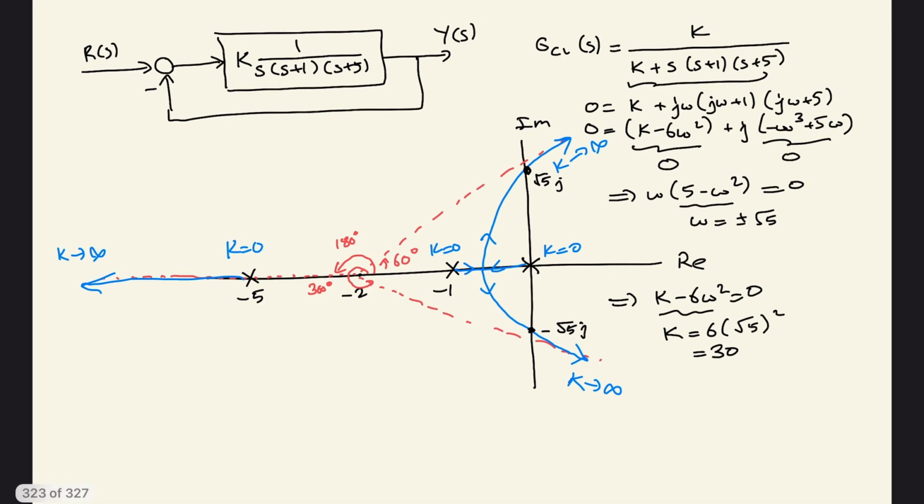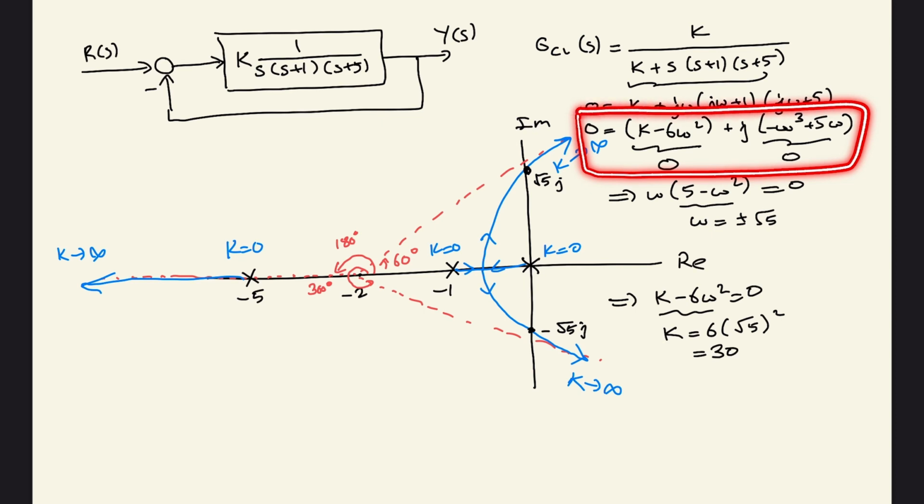Let's turn back to our example. Now, this was the plot that we made. For this system, if you write the closed loop system, you have this closed loop transfer function. This is the denominator. Take this denominator, set it to 0, and instead of s, insert j omega. Then you have this.